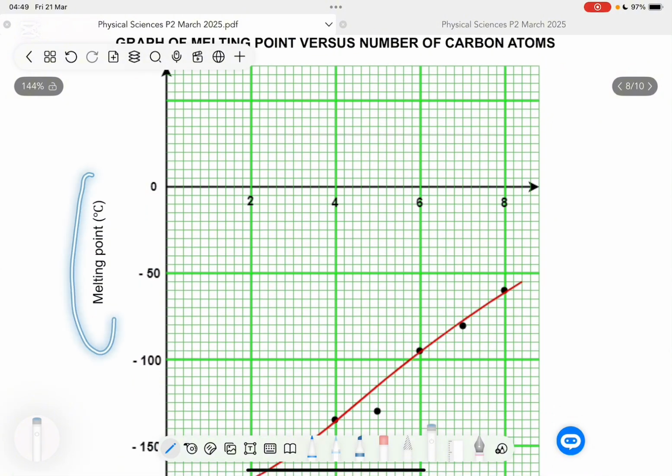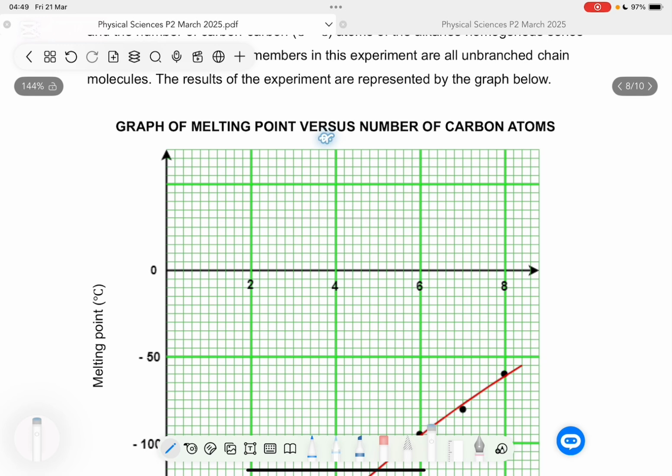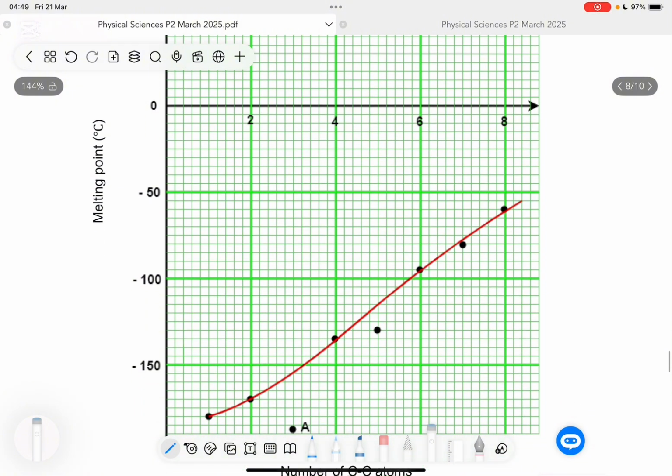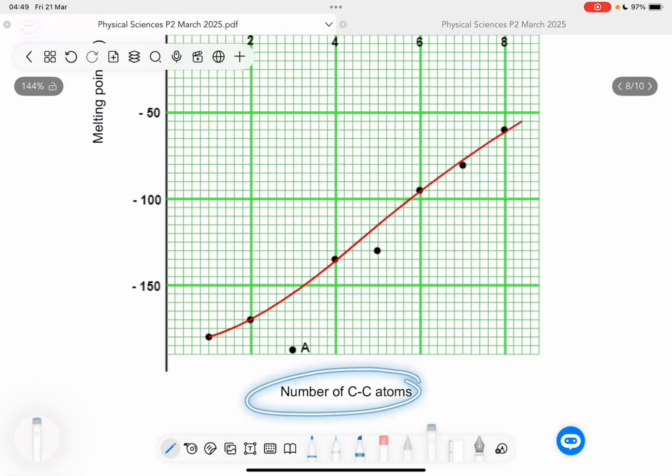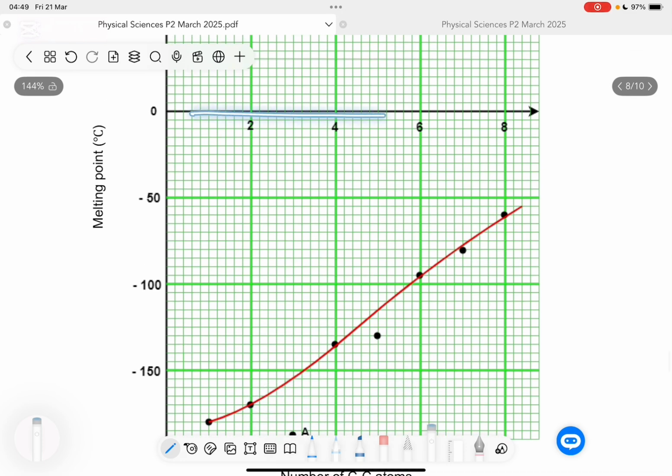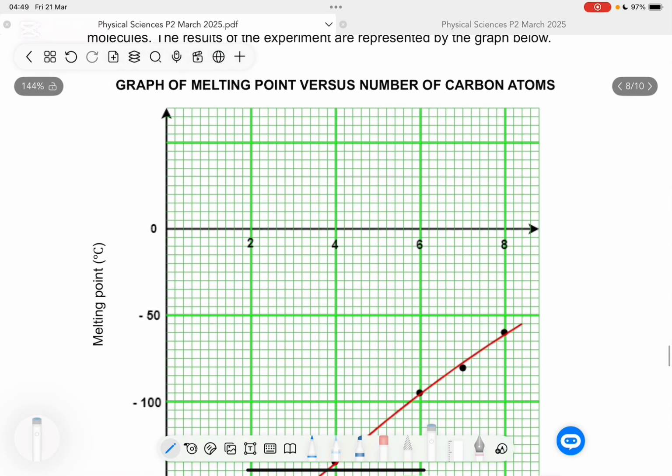That means it's the variable that should be drawn on the vertical axis. And the one that comes after the word versus, in this case the number of carbon atoms, is the independent variable. And our independent variable will always sit on the x-axis.